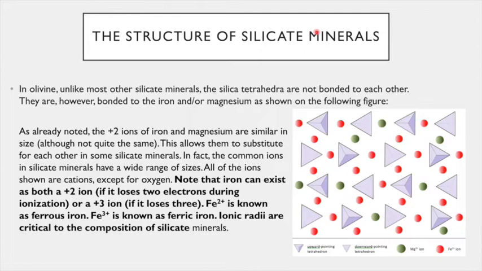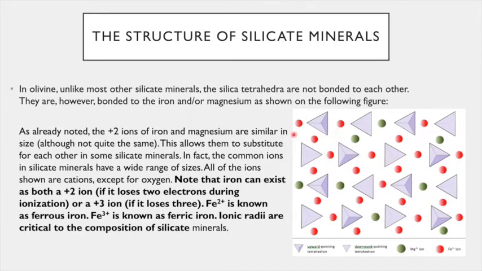So let's discuss the structure of silicate minerals in a bit more detail now. Here you can see the tetrahedrons are kind of floating. They are attached with other atoms of different structure, but they are not attached with each other.